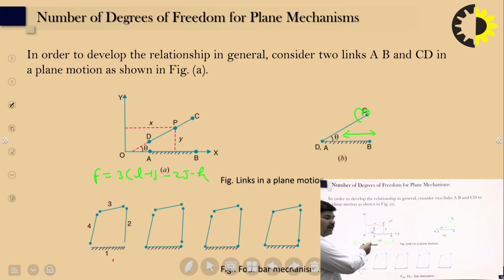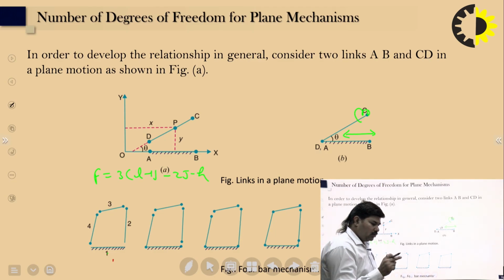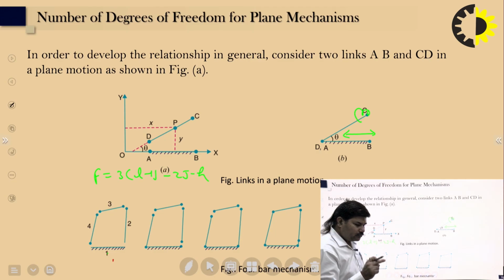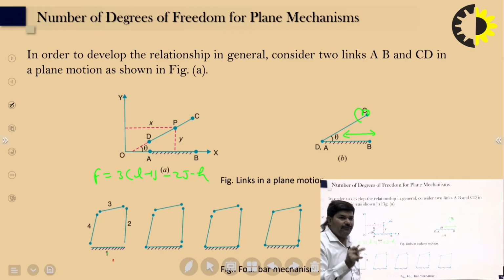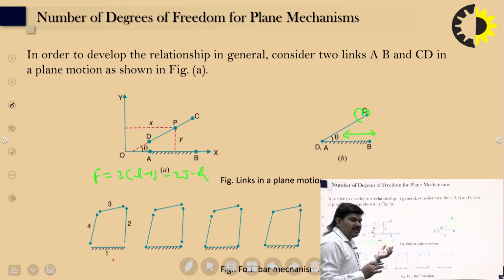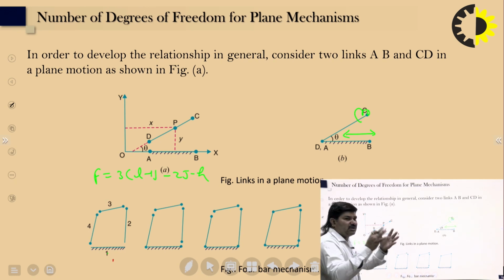Then one is lost at the joint. So the formula is F equal to 3 into L minus 1 minus 2J minus H, where L is the number of links, J is the number of binary joints, and H is the number of higher pairs. The movable links are L minus 1, and fixing up a joint is the constraint that loses degrees of freedom.